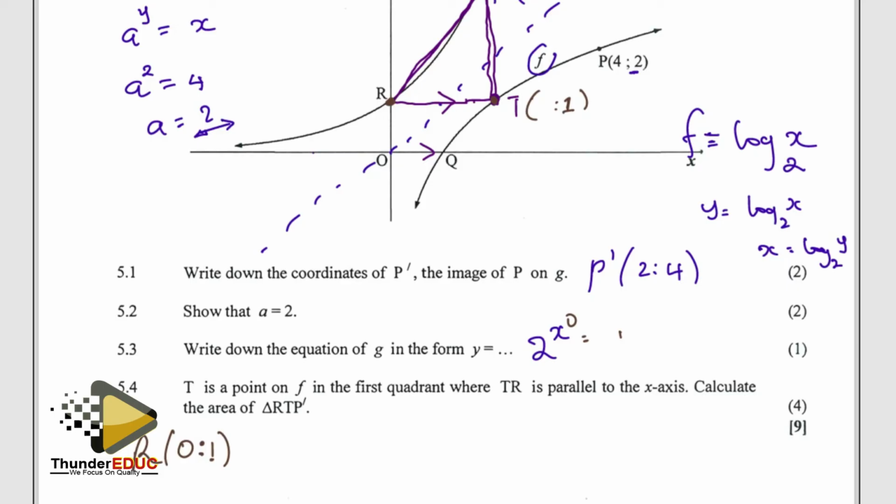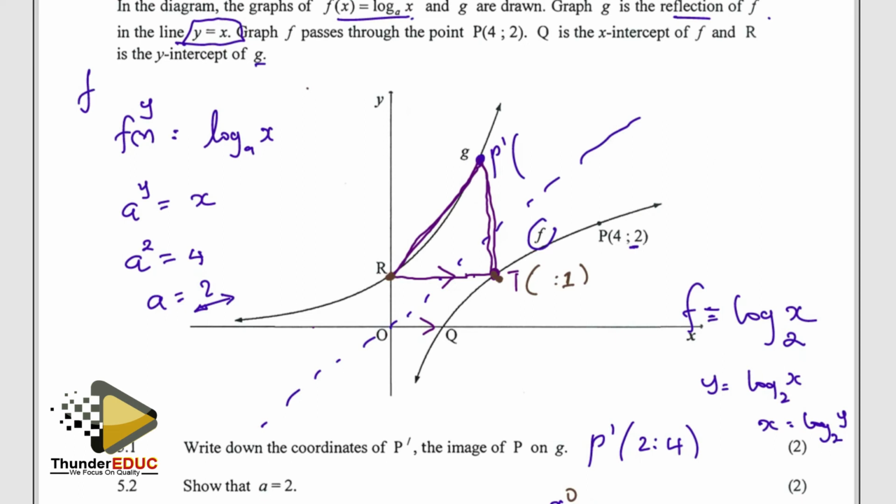Then we can just play around with the values there. If I use the equation of f to find what x is, 1 is equal to log base 2 of x. What's going to be x there? If I change this to exponential, it's going to be 2 to the 1 is equal to x, which means x is going to be 2 there.